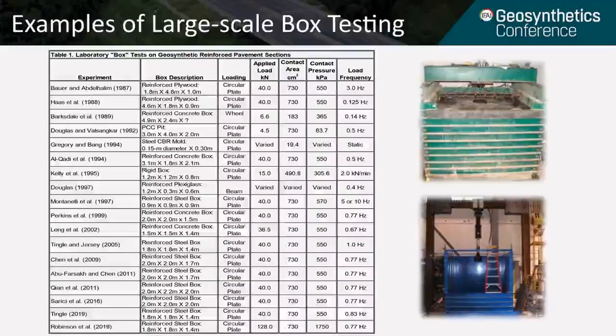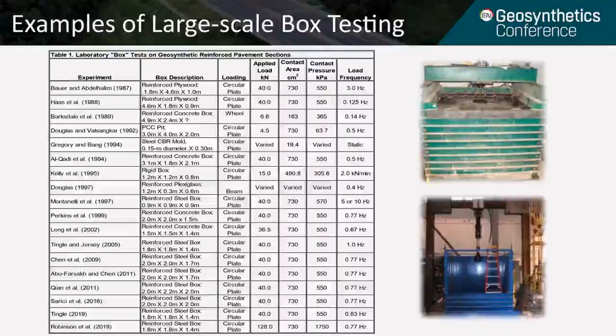Table 1 shows examples of large-scale laboratory box testing conducted since 1987. The table summarizes historical test setups, equipment, and applied loads for different experiments that have been used to evaluate geosynthetic reinforcement within pavement systems.